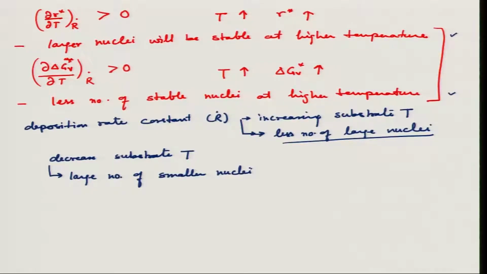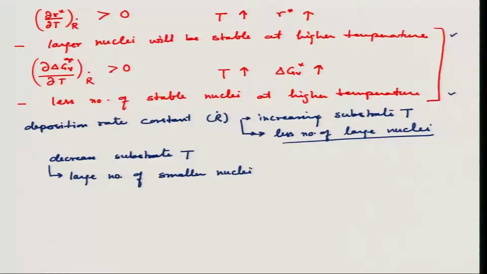So, you can distinguish between the two. Okay. So, suppose each atom that joins these nuclei assumes the structure of that nucleus, then there will be large variation in the structure because you have a large number of smaller nuclei which will grow. In this case you have fewer nuclei which will grow. Okay. So, there is a difference between the morphology. Okay. Now, let us discuss the other part also.